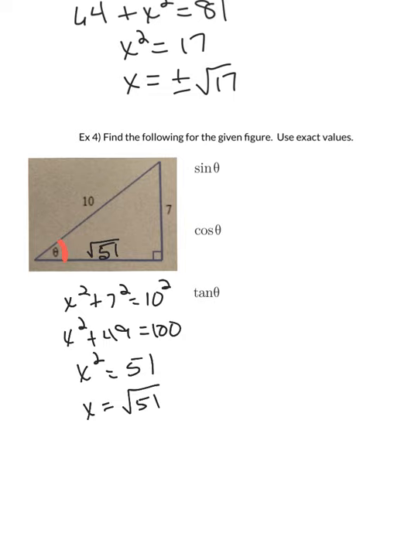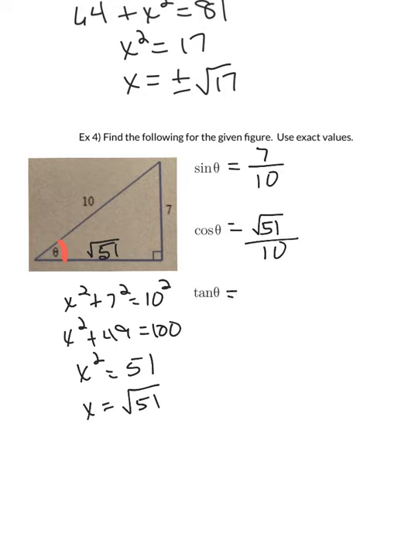So if we are doing the sine for angle theta, we want the side across from it, the opposite, 7, over the hypotenuse, which is 10. For the cosine, we want the adjacent, the leg connected to angle theta, which is the square root of 51, over the hypotenuse, which is 10.